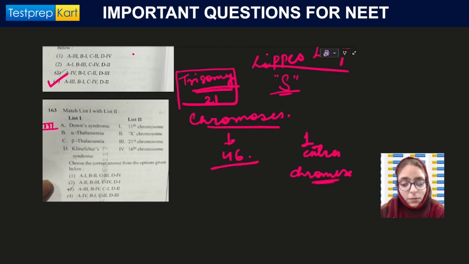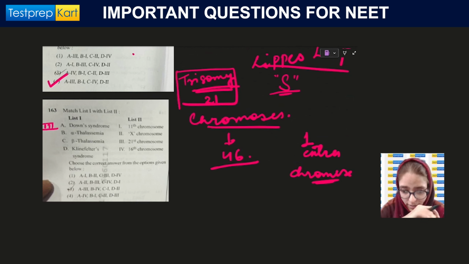B is alpha thalassemia. What is alpha thalassemia? It is an inherited blood disorder in which the body doesn't make as much alpha globin. Now you will ask me, what is alpha globin? It is a building block of hemoglobin. We already know hemoglobin is a part of RBCs that carries oxygen throughout the body.